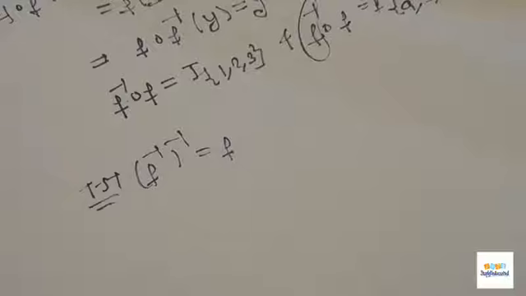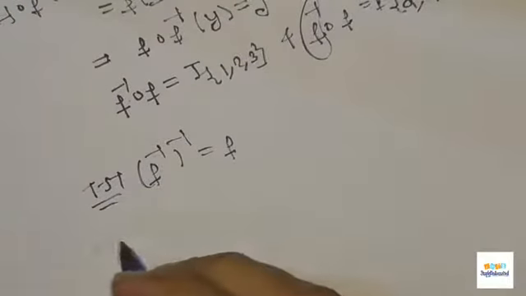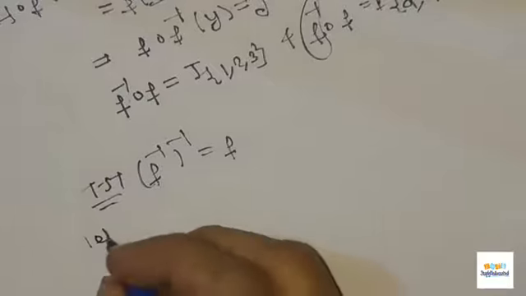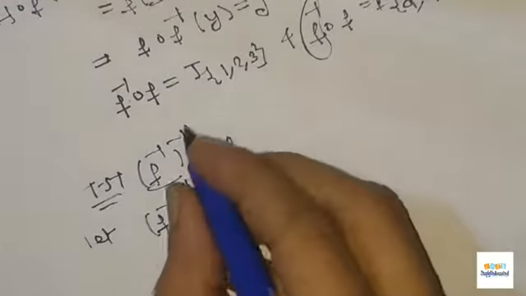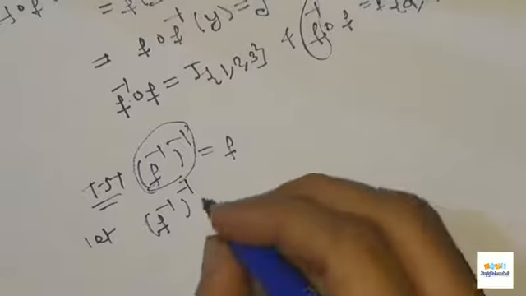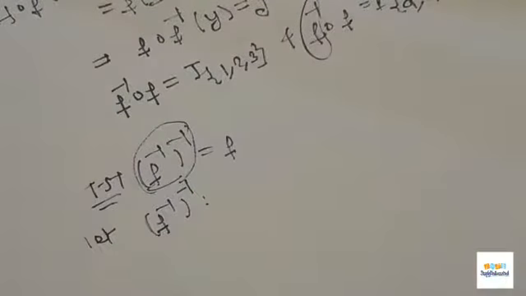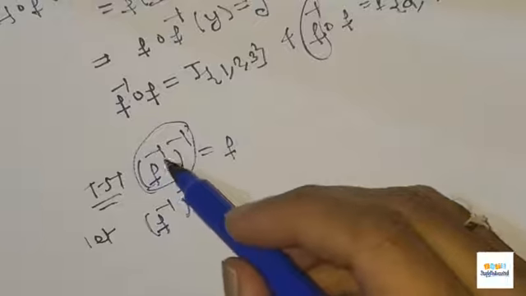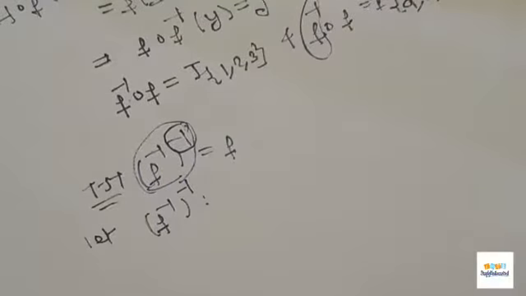So how to show this now? We will define again a function. Let us define the inverse of F inverse. First you observe carefully, this is the inverse of the F inverse function that we have just now defined.